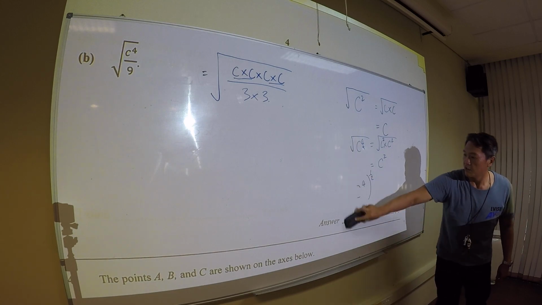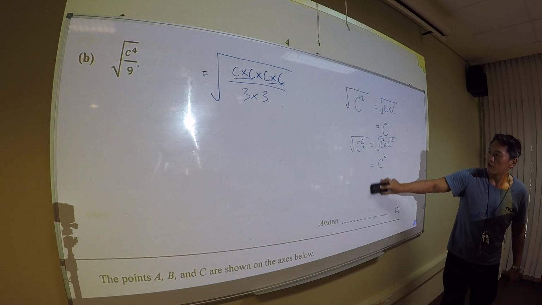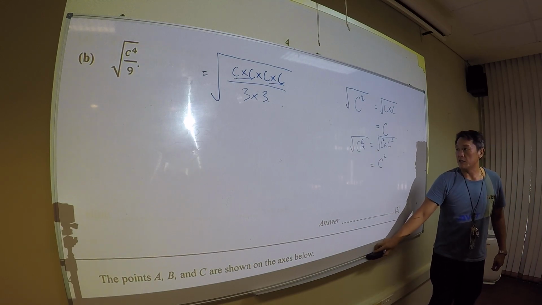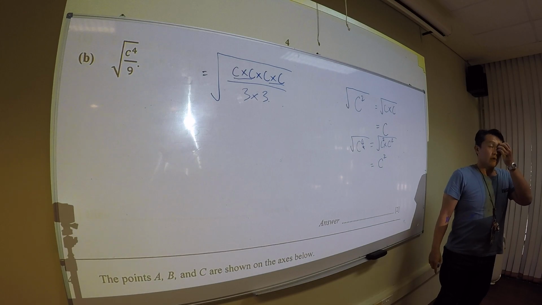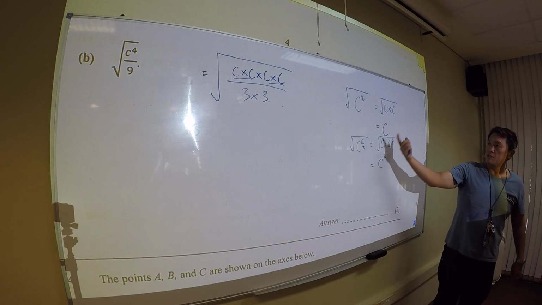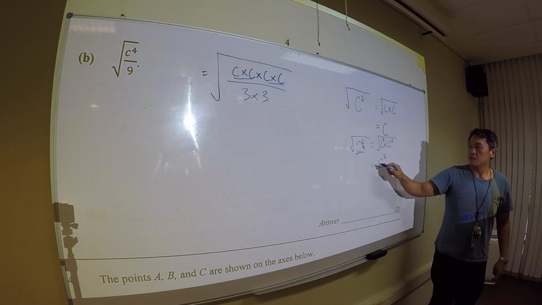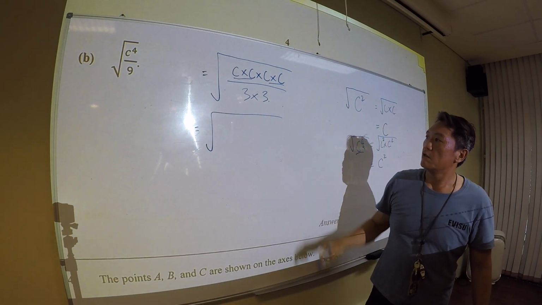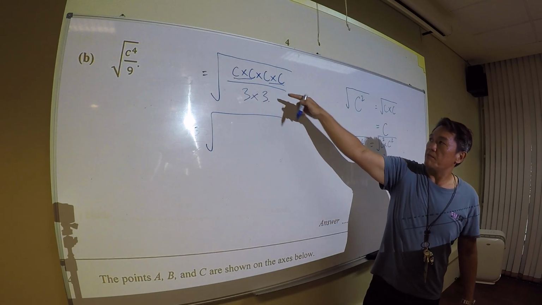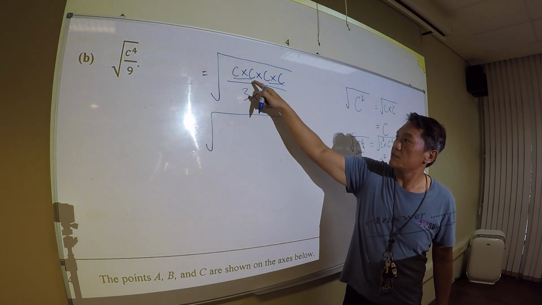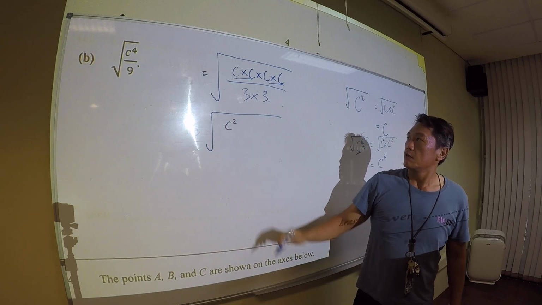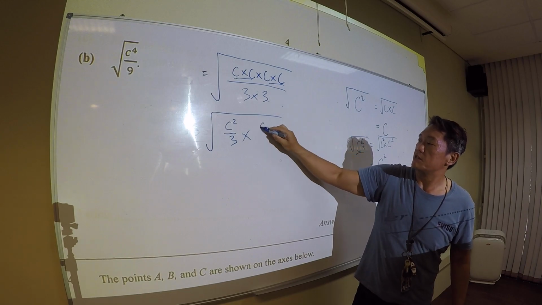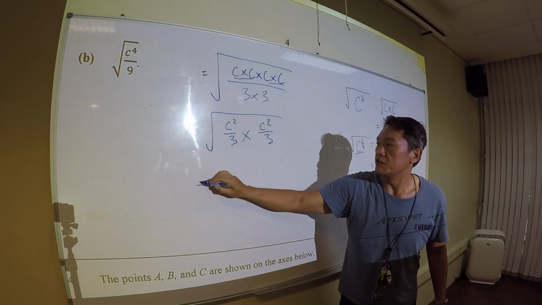But this one is a bit more complicated. But remember, the square root will just divide your index by 2. Always, what multiplied by itself gives us this is the square root. So if we were to group them into two fractions, it is actually C times C divided by 3 times C times C divided by 3.